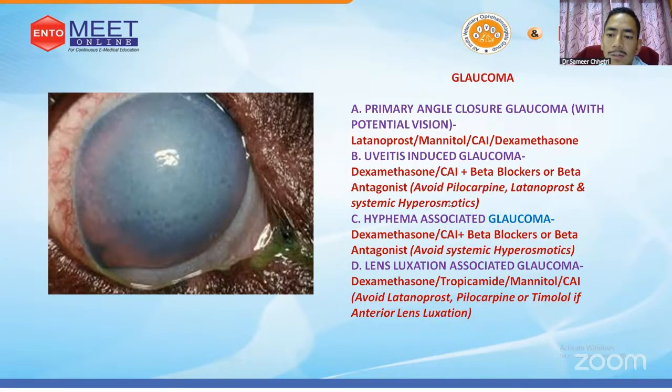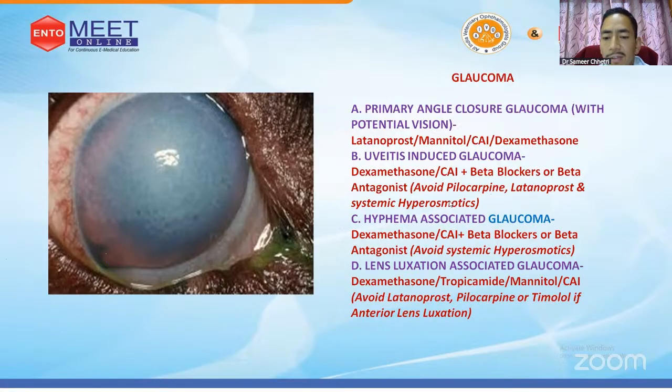Lens luxation associated glaucoma. In this situation we'll be using dexamethasone and tropicamide. Tropicamide helps in the dilation of the pupil, so that helps in relieving the glaucoma. But if it's not effective, then we have to switch over to hyperosmotics or carbonic anhydrase inhibitors.